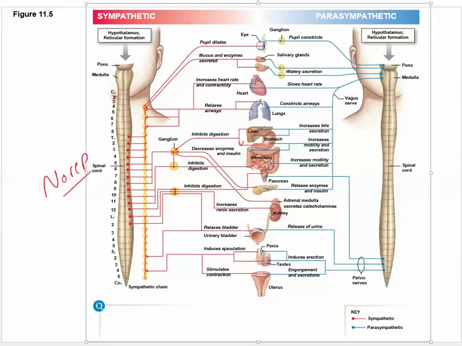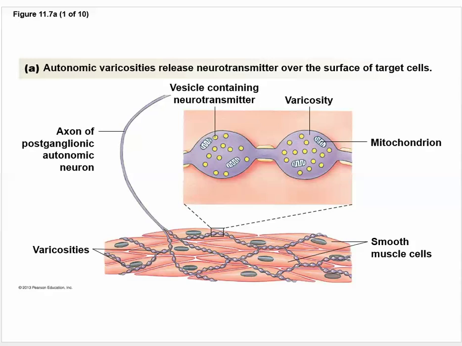So remember that. Now, when we look at how it actually happens, this is just kind of interesting. It gives you a better picture of what's going on. Remember, when it's causing your airways to constrict, we have a neuron going down there, and it's dividing and branching and going all over, and there are these little things called varicosities dotted all over the smooth muscle.